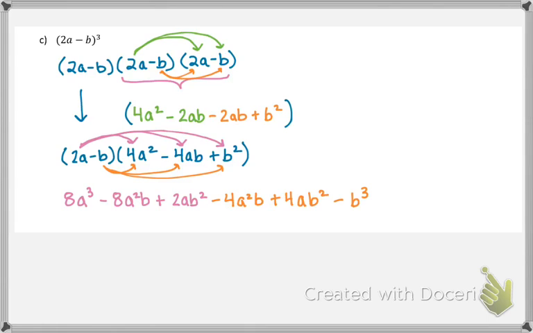Okay, so then from there, let's see if we can combine like terms at all. Looks like 8a cubed is all by itself, so nothing to combine there. Negative 8a squared b, I have another a squared b that I can combine. So here's one, and then here's another. So negative 8 minus 4 is going to give me negative 12a squared b.